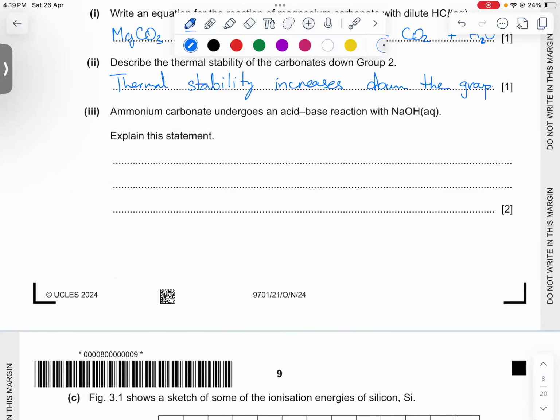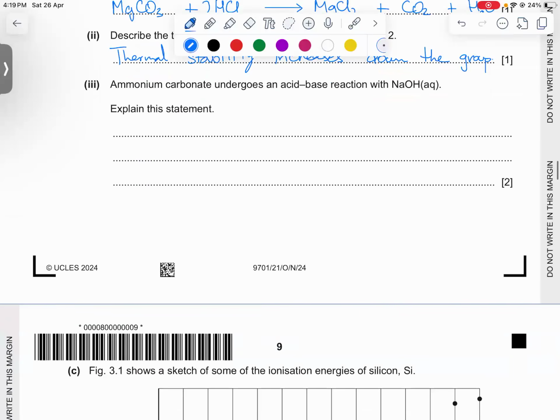Because sodium hydroxide is the base, we want to explain why ammonium carbonate could react with sodium hydroxide, which is kind of like an alkali. So sodium hydroxide is a strong alkali, so this ammonium must be an acid.